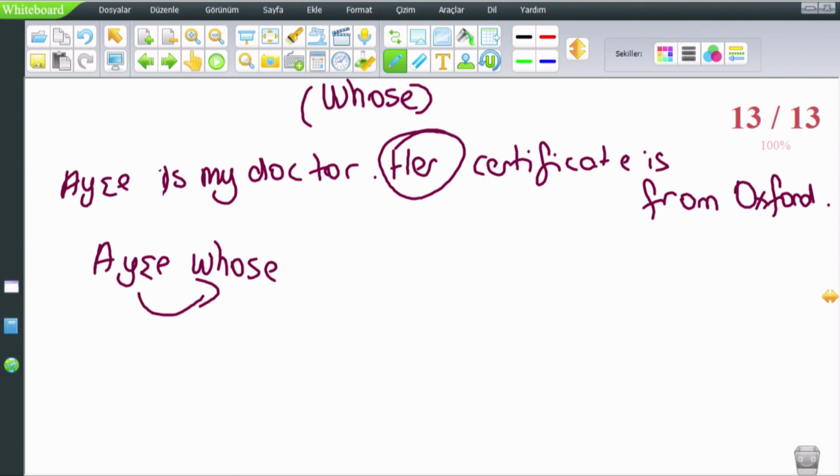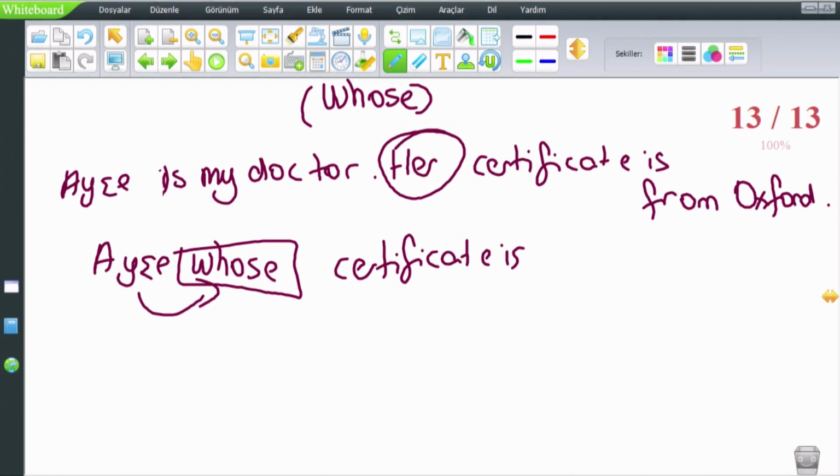And right after that, as we have studied so far, I have to use the relative pronoun whose: whose certificate is from Oxford. Now I go back to the first sentence, is my doctor.